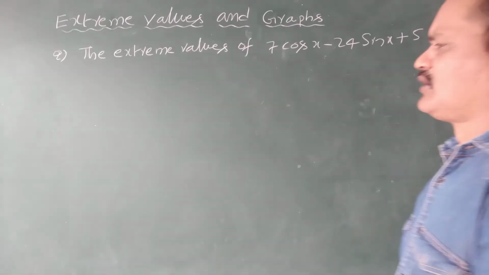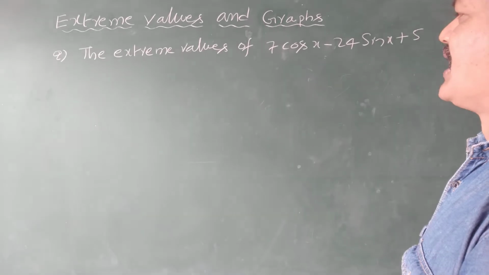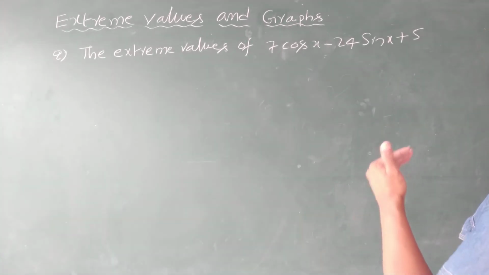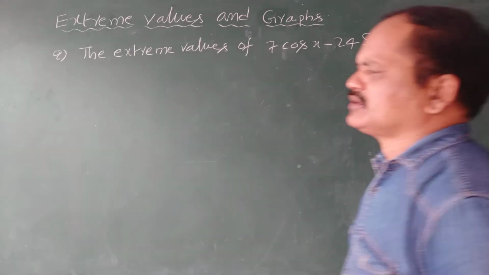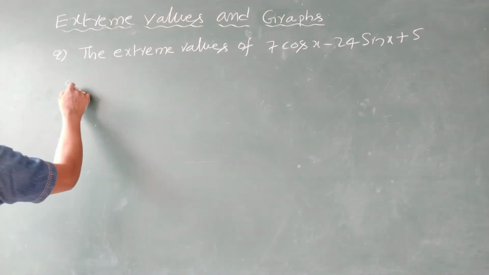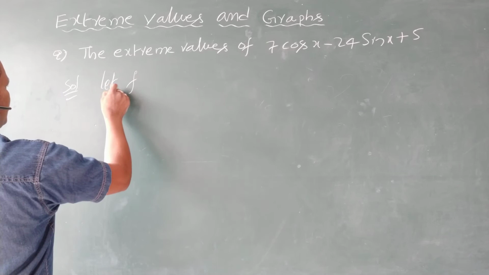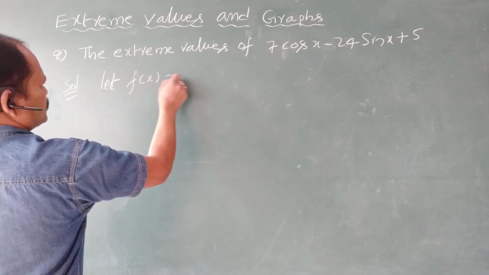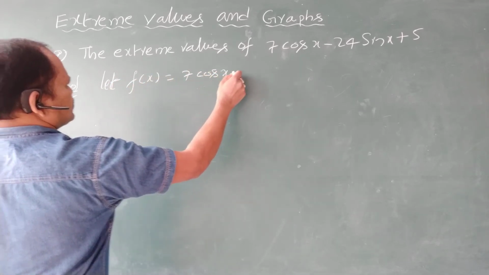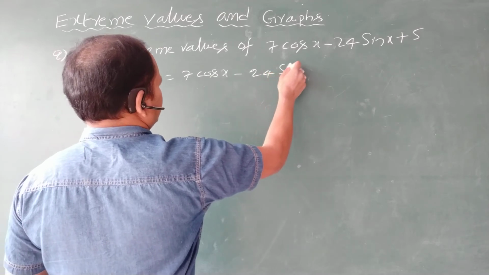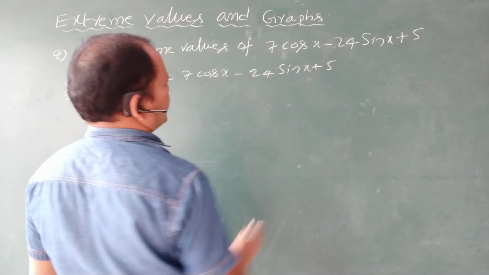Now we have to solve this question. The question is: find the extreme values of 7 cos x minus 24 sin x plus 5. Solution for this question: take the function. Let us consider f of x is equal to 7 cos x minus 24 sin x plus 5.